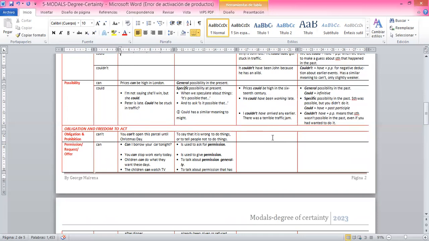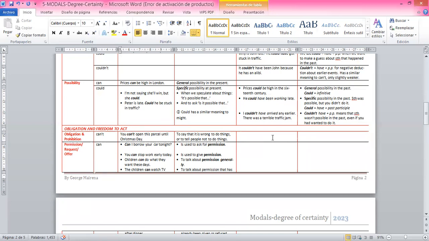Let's see could. What do you understand by could? Could, podría ser como... If we talk about the past, it is the past of can.